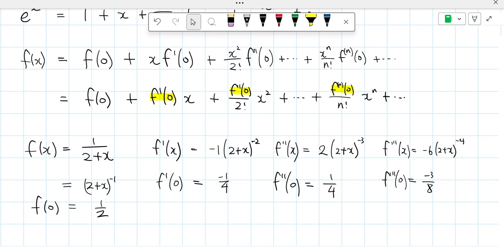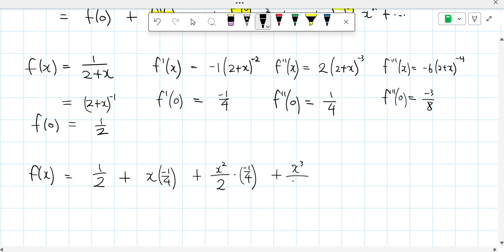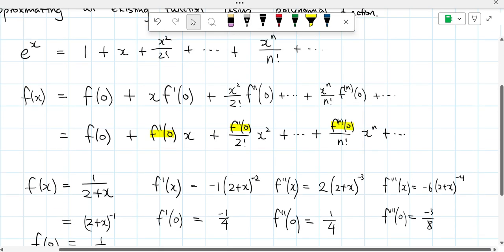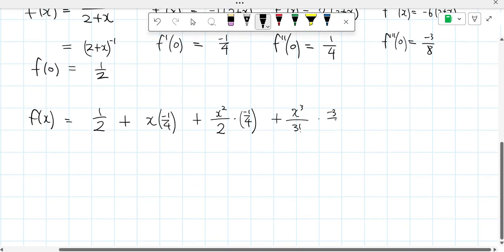So that's, well, okay. First round, I'll just write it as it is. The next one will be x cubed over 3 factorial times f triple prime of 0, which is negative 3 over 8.